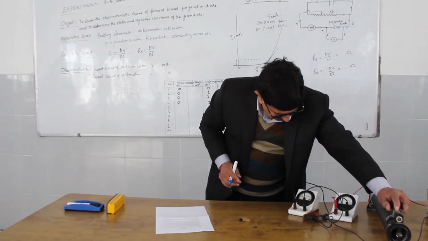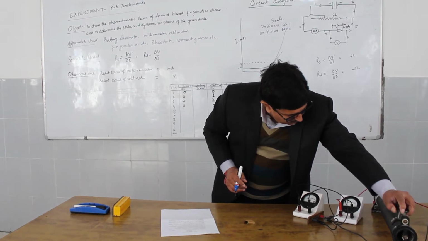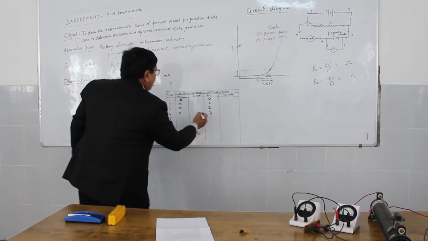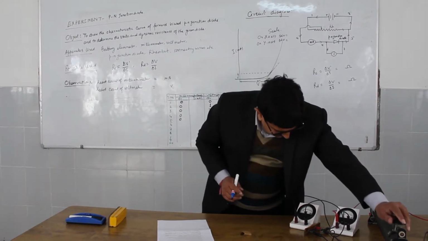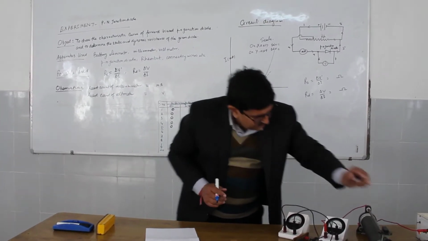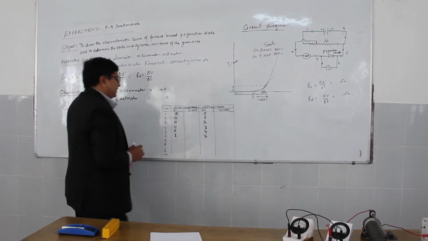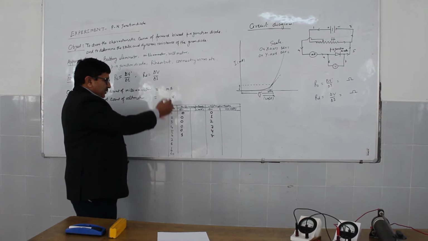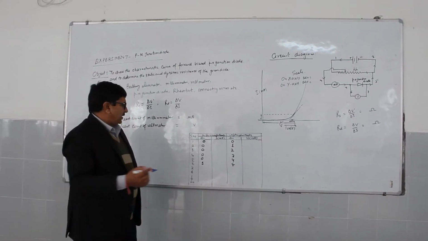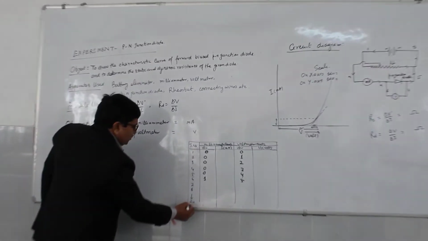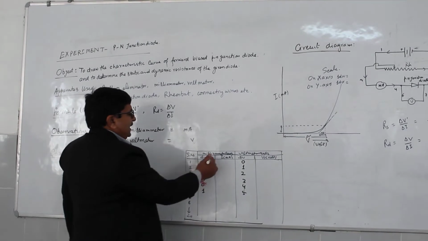At 4, again 0. When you come to 5, you will get 1. Like this, you have to record for each division of the voltmeter.